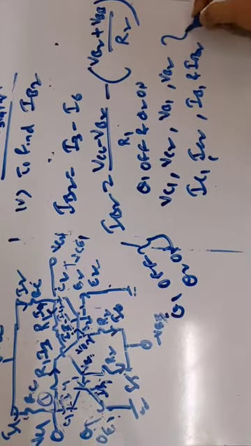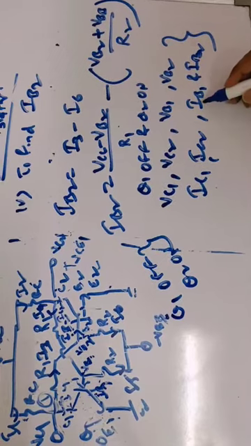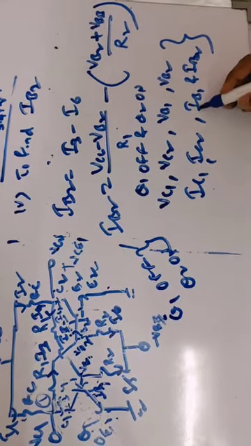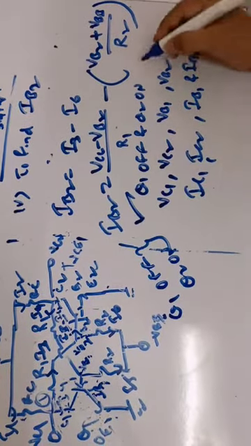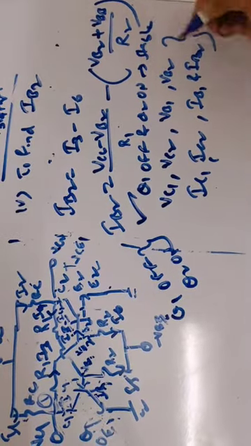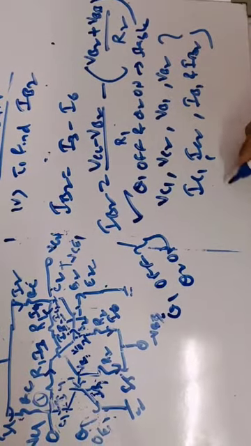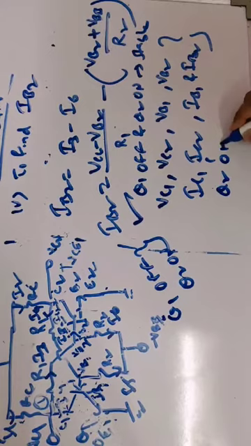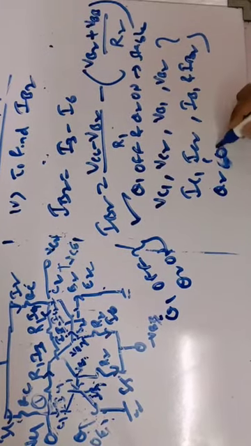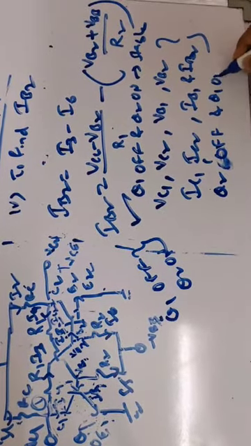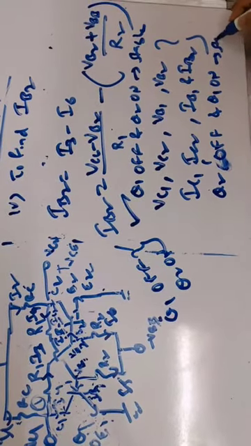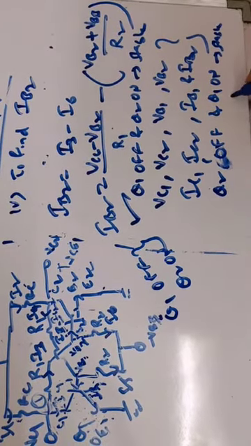This is one of the stable states. We can also consider the other stable state, where Q2 is off and Q1 is on, and analyze its voltages and currents.